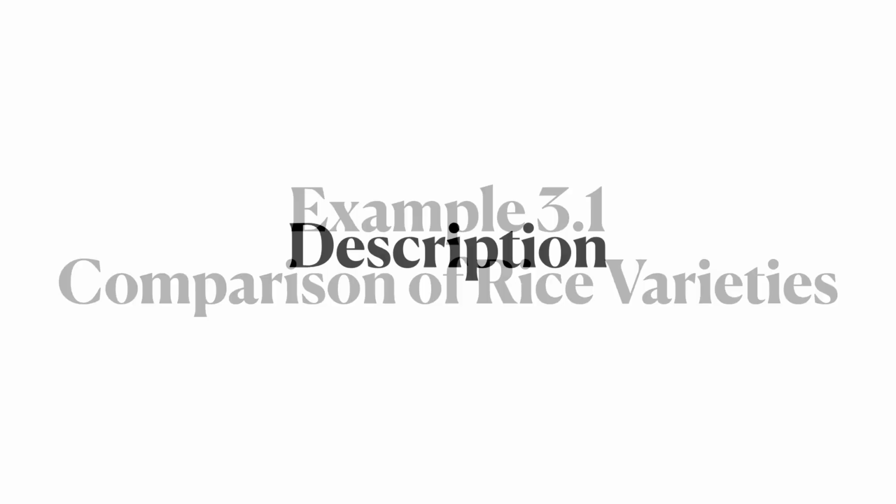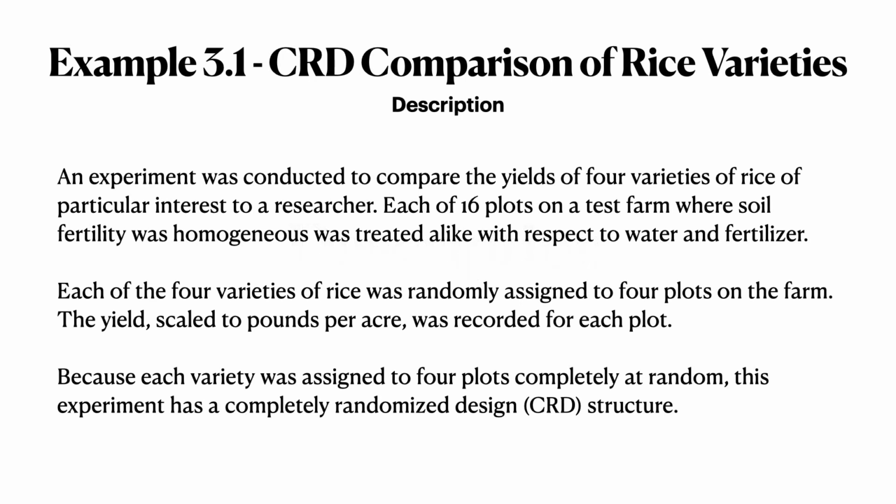So this is example 3.1, and it's a comparison of 4 rice varieties. Here is a description of the experiment. An experiment was conducted to compare the yields of 4 varieties of rice of particular interest to a researcher.